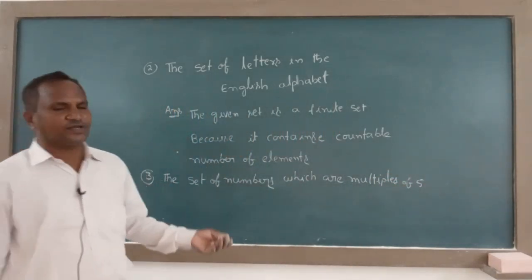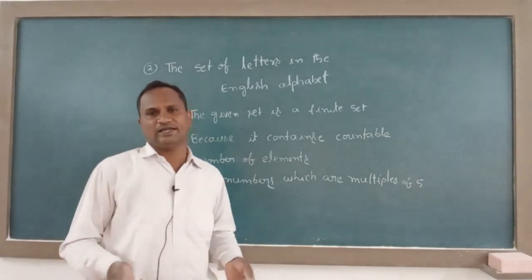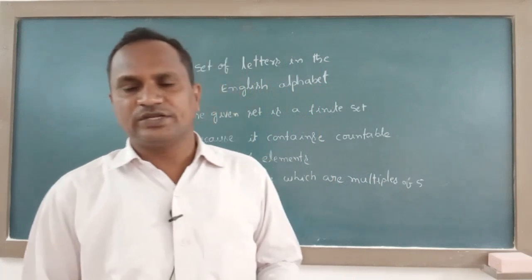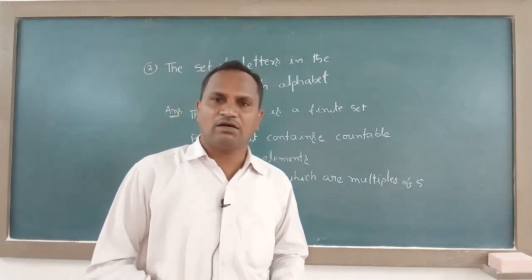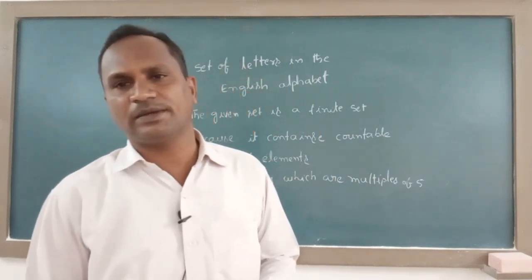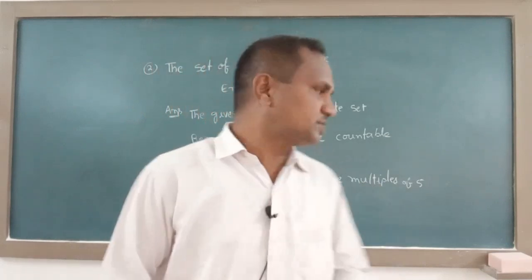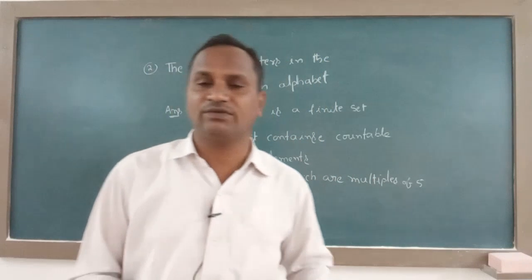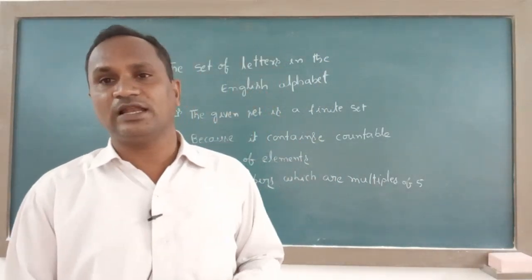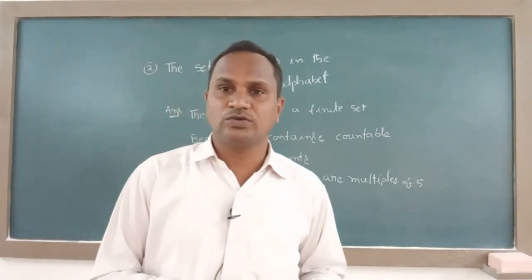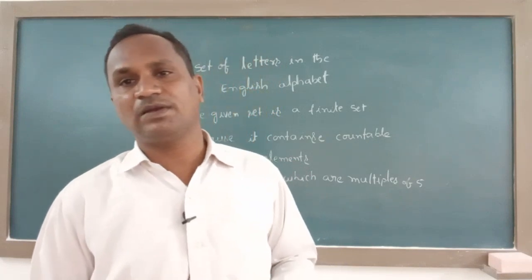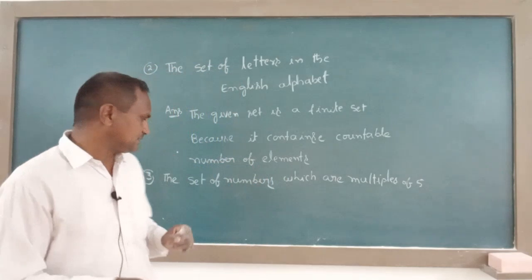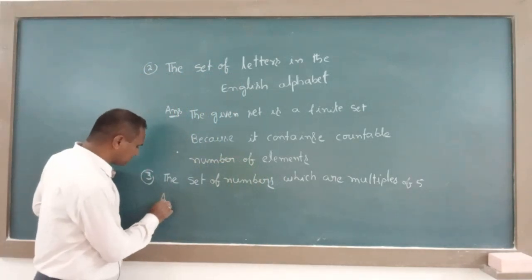Multiples of 5, how many can we write here? So many: 5, 10, 15, 20, 25, or plus or minus 5, plus or minus 10. They did not mention whether positive or negative, so we can write here the elements of the set are 0, plus or minus 5, plus or minus 10, plus or minus 15, and so on like this.